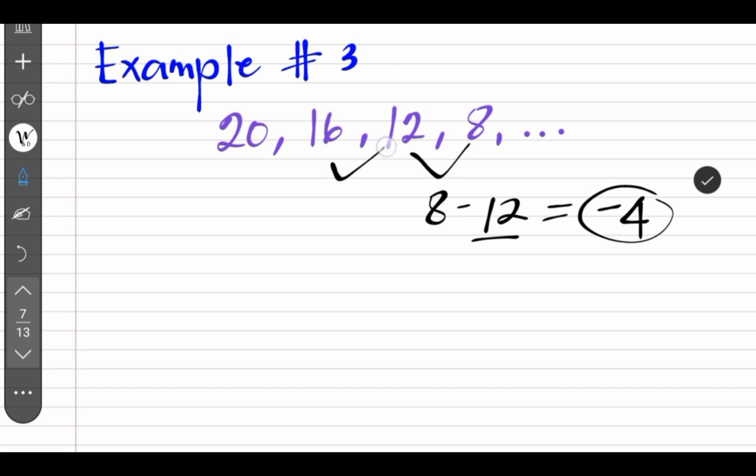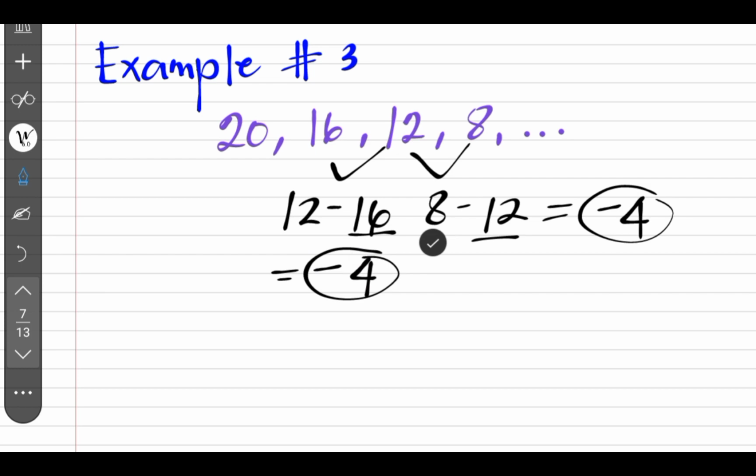Next, 12 minus 16 is equal to negative 4 again. 16 minus 12 is 4, but since 16 is higher than 12, the sign of the difference is negative. And next, 16 minus 20, still negative 4.